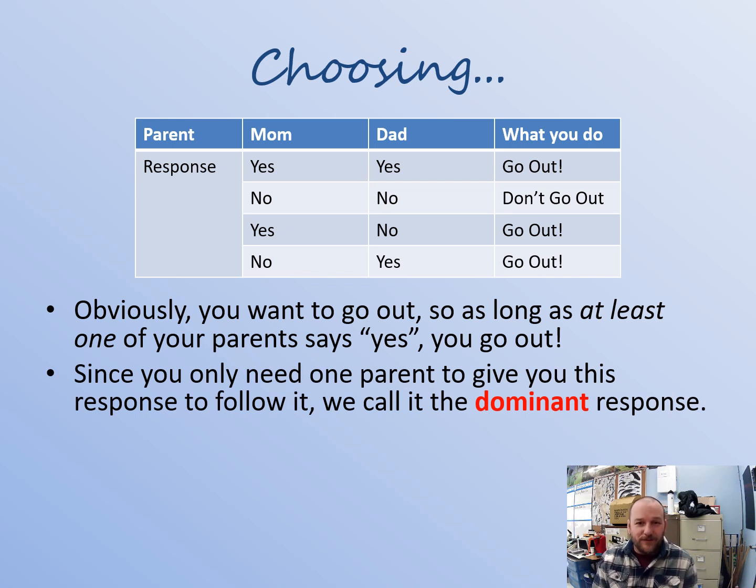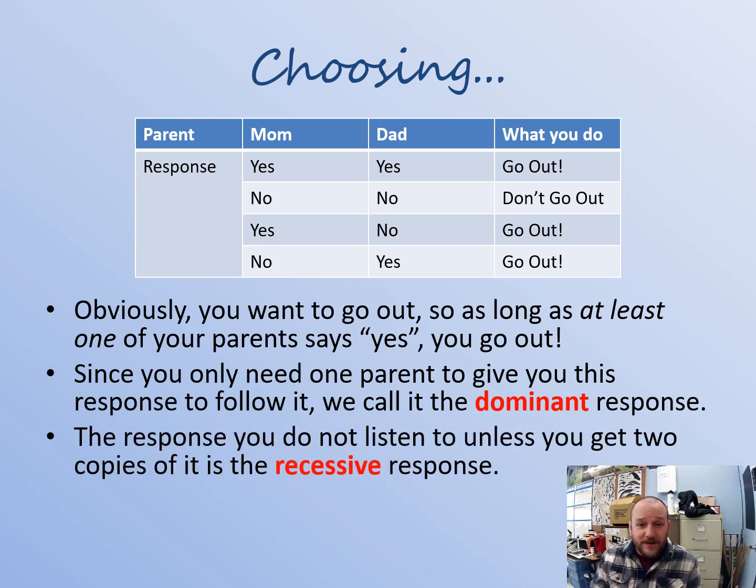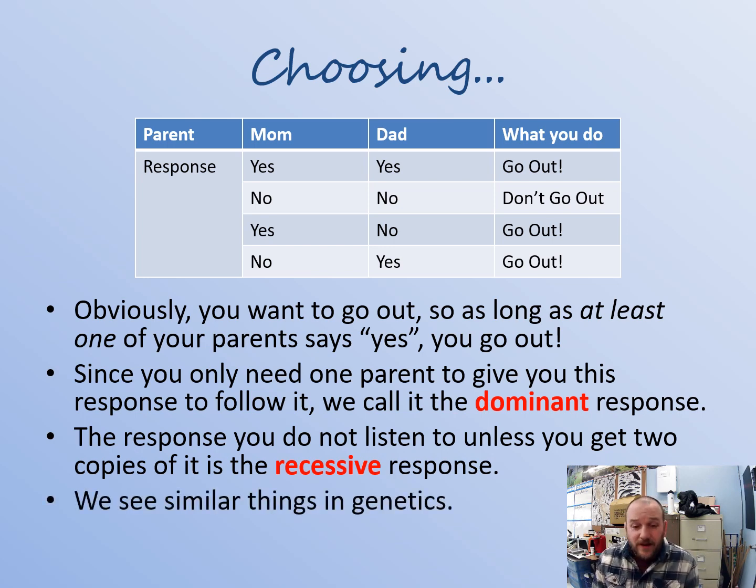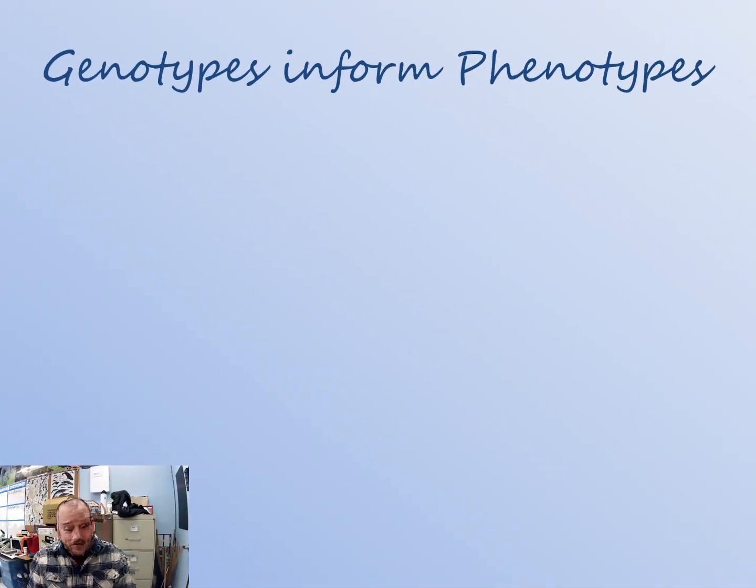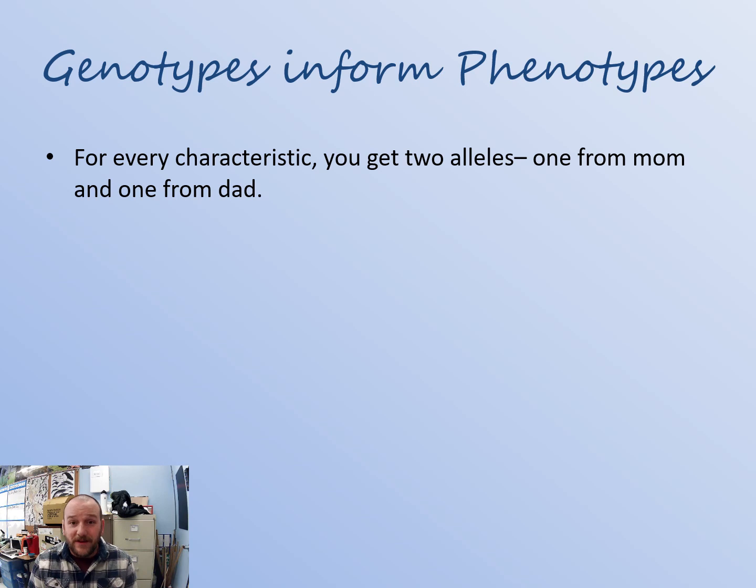The one that you're looking for is dominant. You only need one copy to say it in order for you to do it. The response you don't listen to, unless you get two of them, is what we call the recessive response. So in our case, the don't go out is the recessive response. And we use these same ideas in terms of genetics. Remember, in genetics, you also have two different sets of information, right?